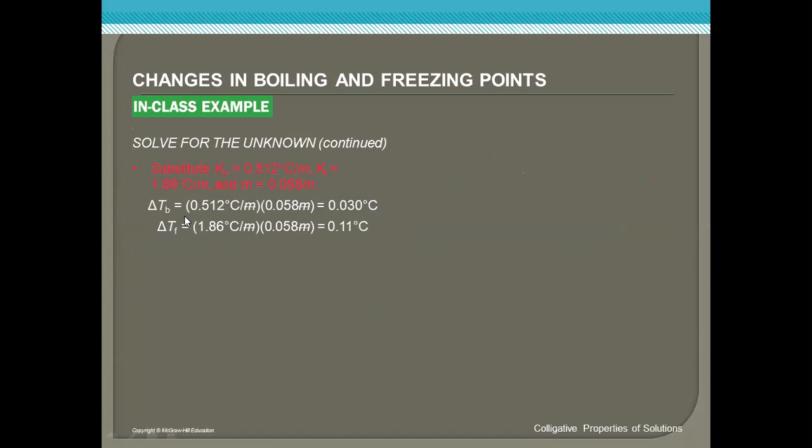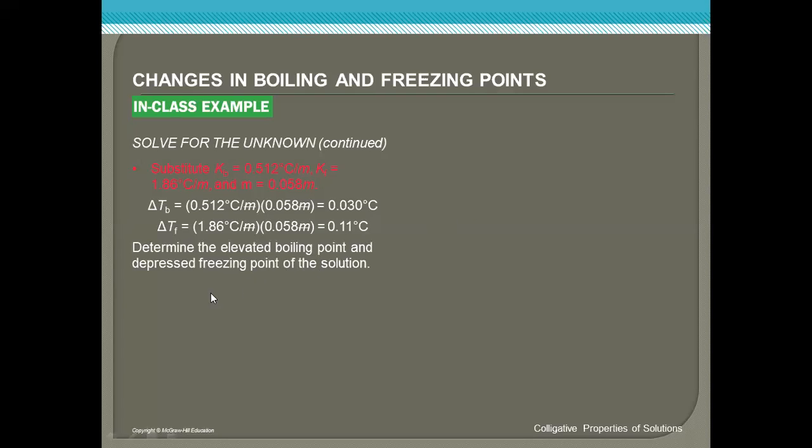Delta Tb equals the constant Kb times m, giving 0.030 °C. And delta Tf equals the constant Kf times m, equal to 0.11 °C.